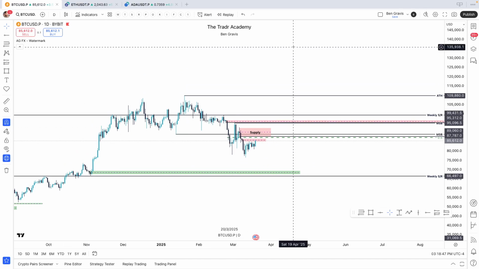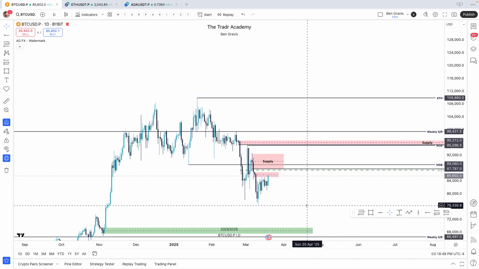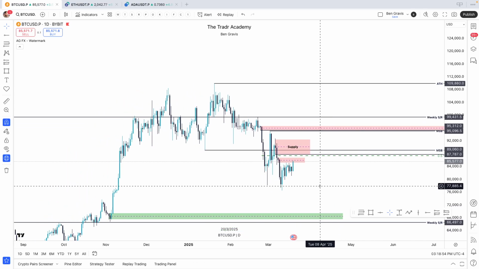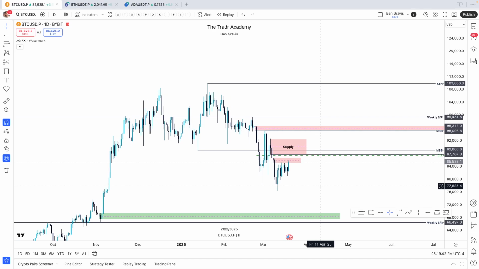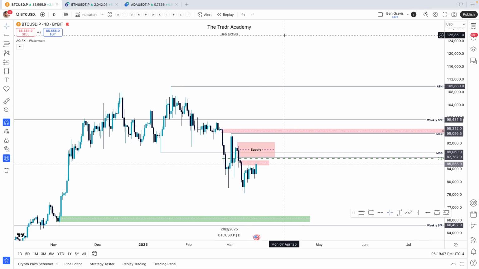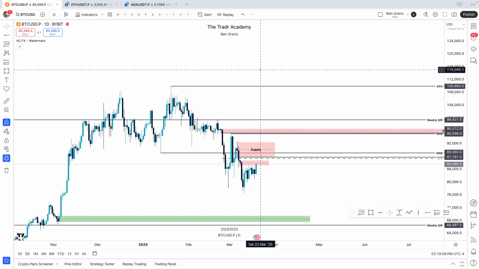So it can definitely still continue higher. But I'm getting some market structure shifts on the daily and on the weekly, and eventually, if you look at the economy, if you look at the NQ, I don't really think that it is currently possible to hit this level. But with Bitcoin, you never know.